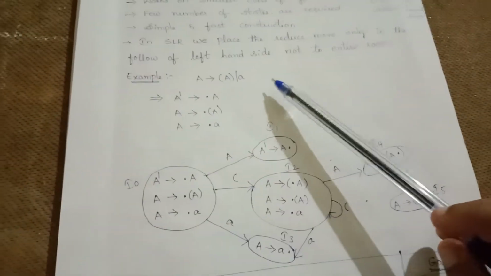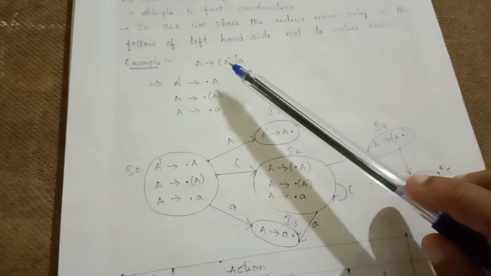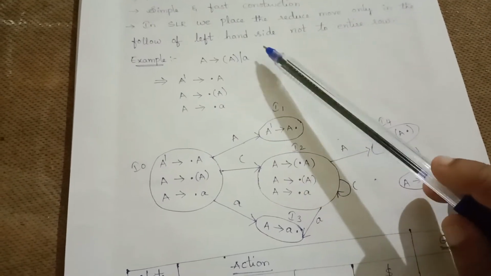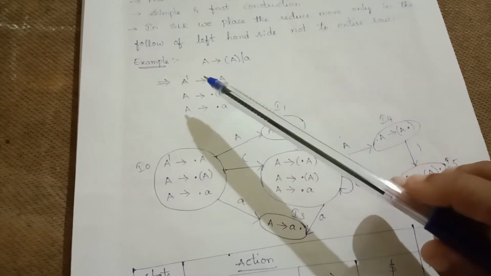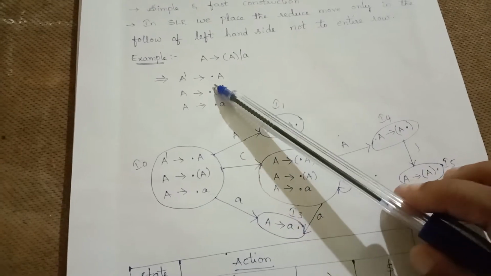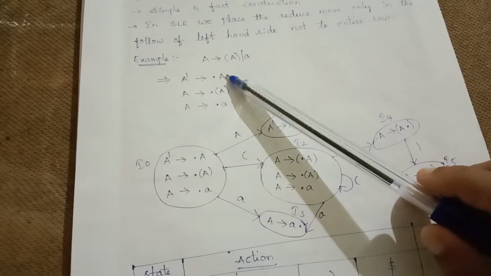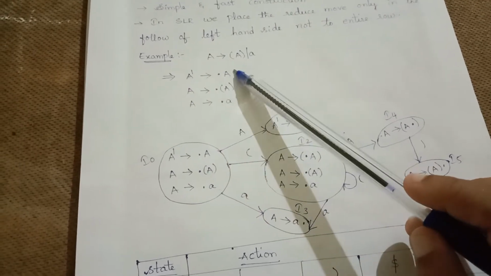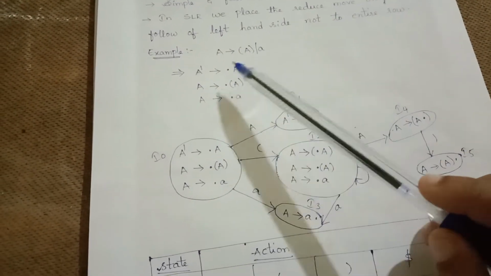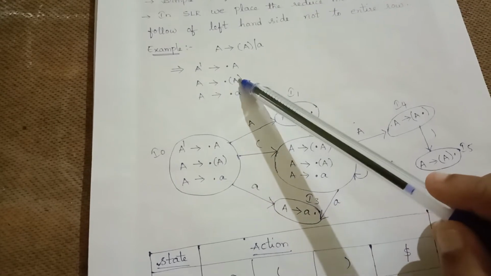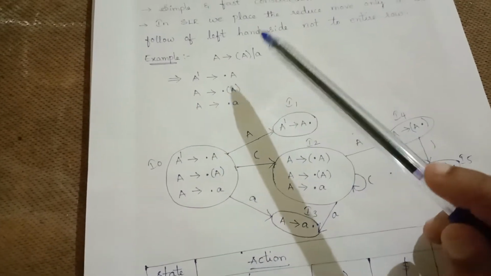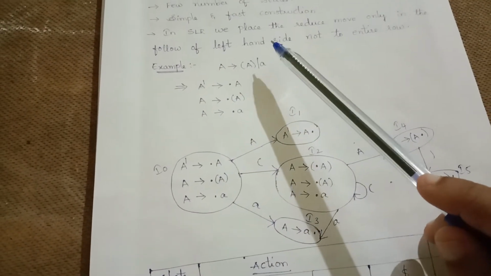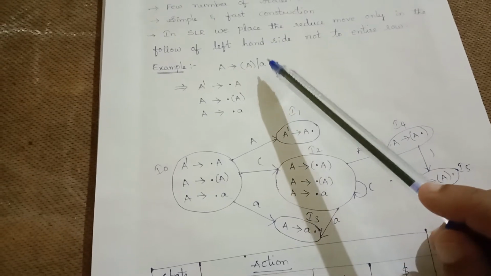So with this example you can understand clearly. The example is A tends to (A)A. First, write the augmented production. So the augmented production is A dash tends to A, and write the remaining productions A tends to (A) and A tends to A. The second step is to write the LR0 canonical items.